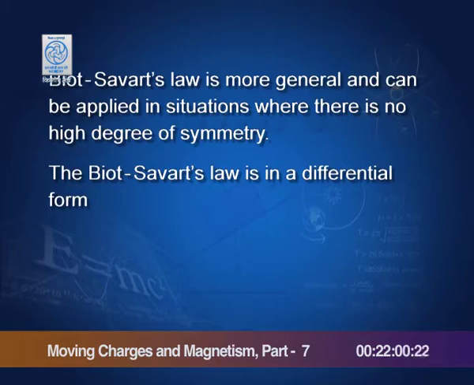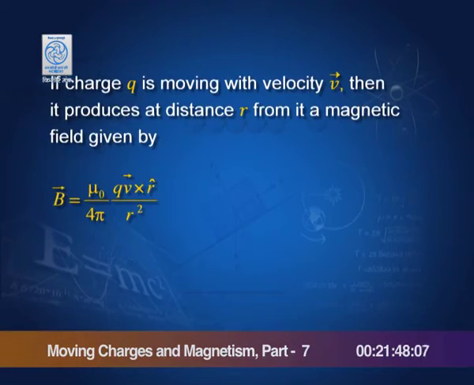Biot-Savart's law is more general. It does not need any symmetry, it does not need any loop, etc. But Biot-Savart's law is in a differential form. Let us take a positive charge q moving with velocity v, and we want to find the field at a point a distance r from this charge. r cap is the unit vector in the direction of r.